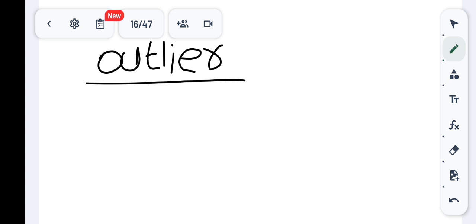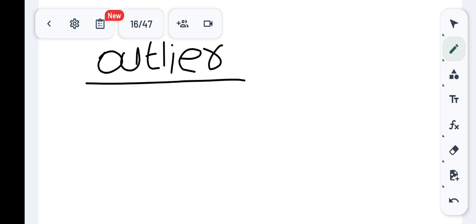What is an outlier? An outlier is a number in a set of data that is very, very different from the rest of the numbers, because this number can be either much bigger or much smaller than the other numbers. So how can we find this number that is very different from the rest of the numbers given to us?